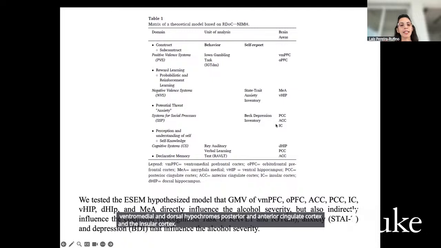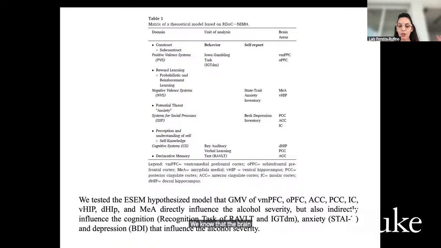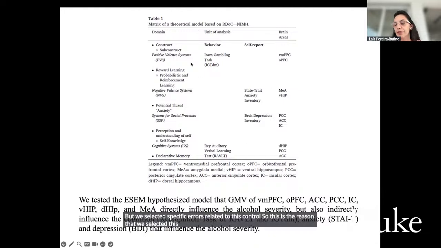We know that the brain is all connected, so we cannot exclude the effect of other regions in the control of cognition and emotion, but we selected specific areas related to this control. These areas are responsible for decision-making, memory, anxiety, and depression, which are allocated in each of these RDoC constructs.